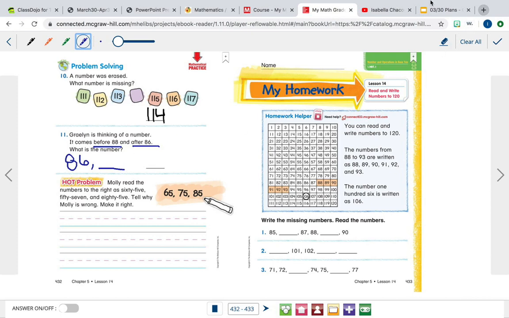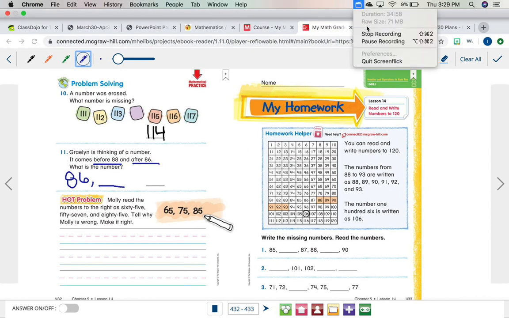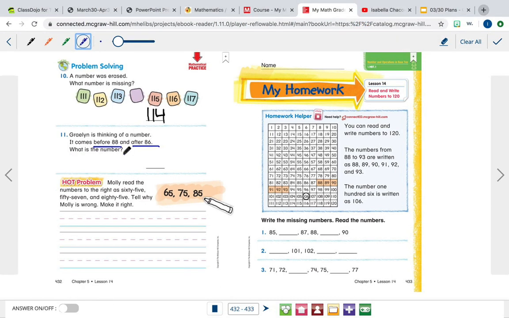Actually, this is what I'm going to do. We're going to write 86 here because it's after 86. We have our blank number here, and then we have a number that's before 88.